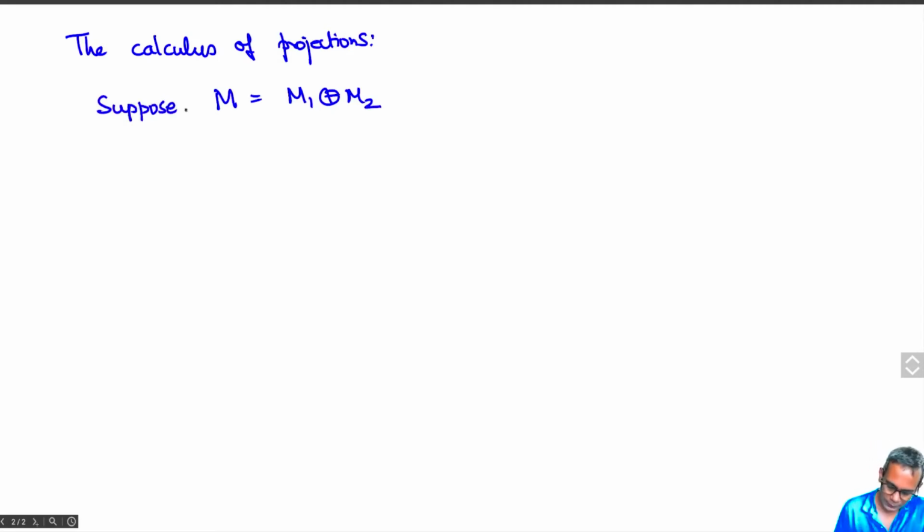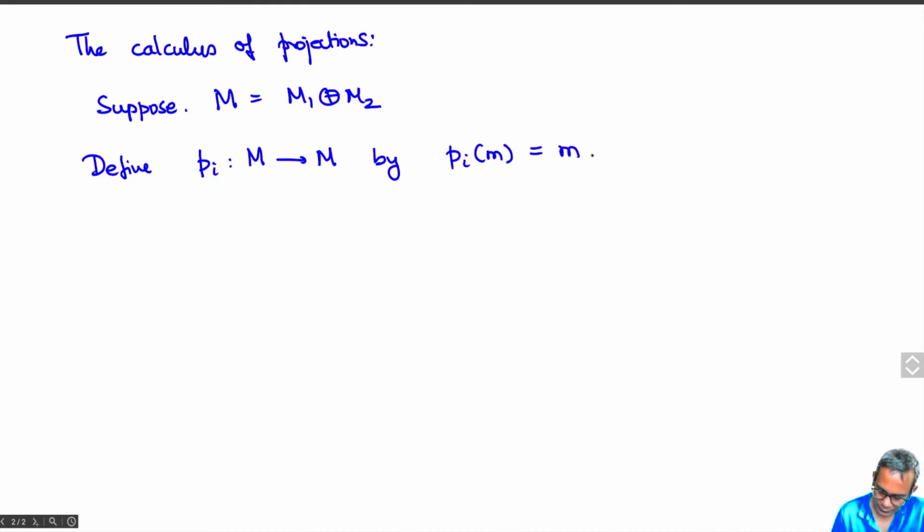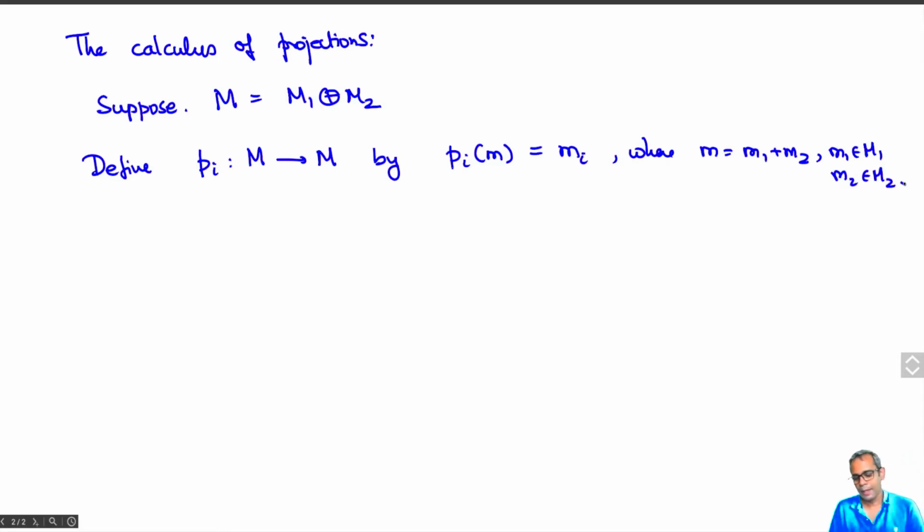Then what you do is define Pi from M to M as follows. So if you have an element m, then you can write it as m1 plus m2 in a unique way with m1 in M1, m2 in M2. And so you just take P1 of m to be m1 and P2 of m to be m2.